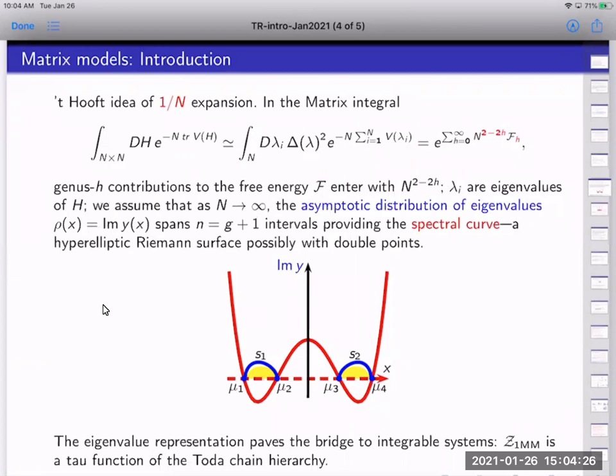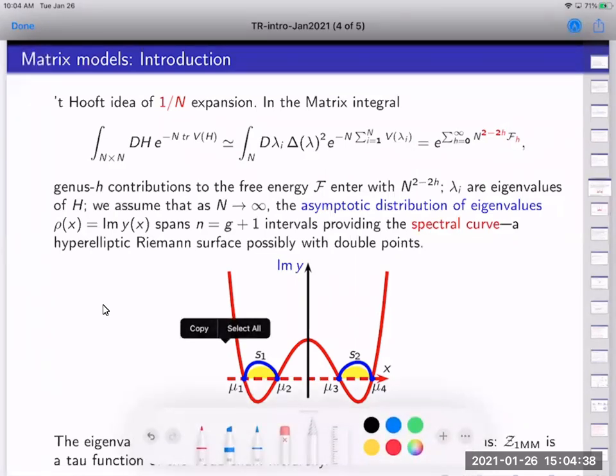So we have this spectral curve, and it actually governs the distribution of what we call the eigenvalues of this matrix H. This is based on the famous observation that if we have this matrix integral with the Haar measure, so it has basically n-squared integrations, we can reduce it to just an n-fold integration over the eigenvalues of the corresponding Hermitian matrix.